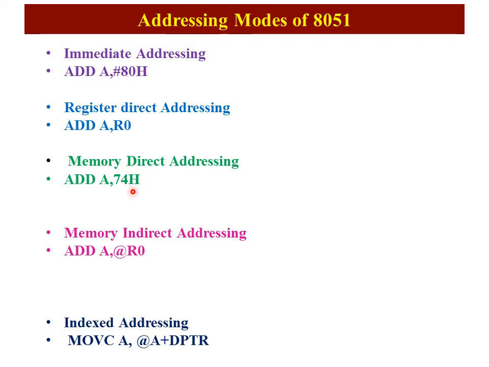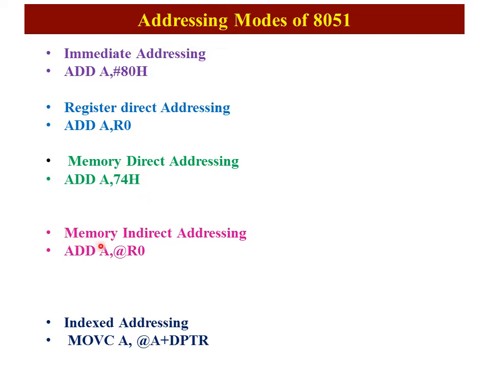After executing this instruction, whatever data is present in memory location 74 is going to be added with the accumulator register A. Nothing but the accumulator stores the result of accumulator plus the location 74 data. Like that, memory direct addressing is executed by the 8051 microcontroller.